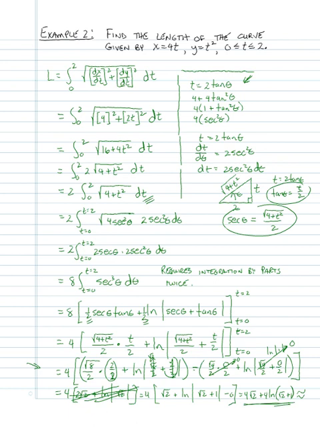That's approximately equal to, if I get my calculator out, 9.1823. I mean, we're looking for the length of that curve, and so it's pretty important for us to have some number that we roughly know the value of.